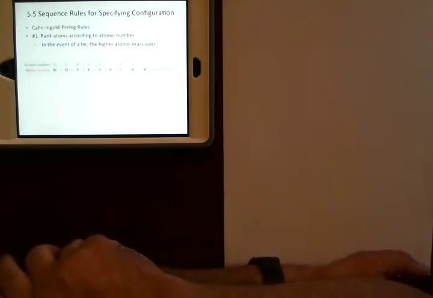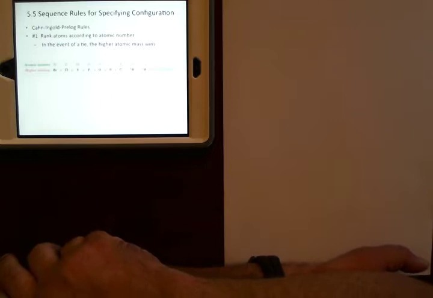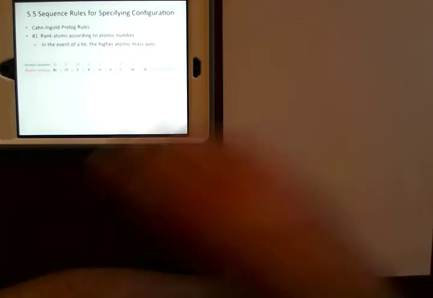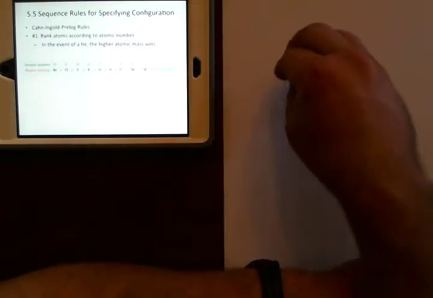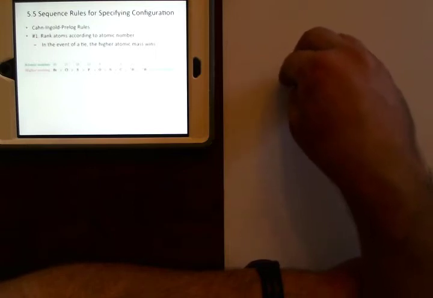In the early part of the 20th century there were some competing ways of doing this, and it turns out that this group's rules won. So what you need to do is start from, say, a chiral carbon.